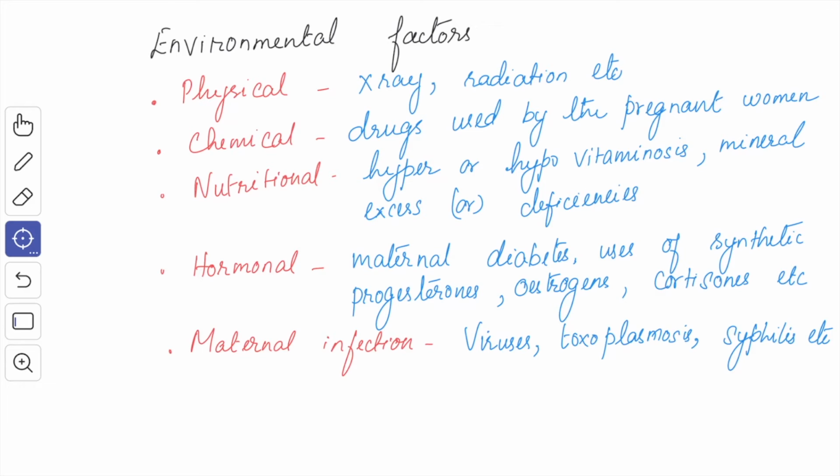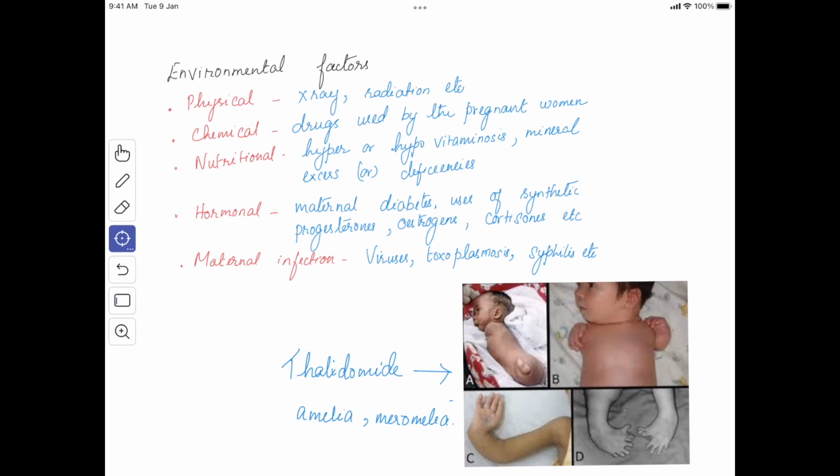The studies of the offspring of the Japanese pregnant women who survived after the atomic bomb explosion over Hiroshima and Nagasaki revealed that 28% of the surviving children had abnormalities of CNS such as microcephaly and mental retardation. Next, we'll see about the chemical agents.